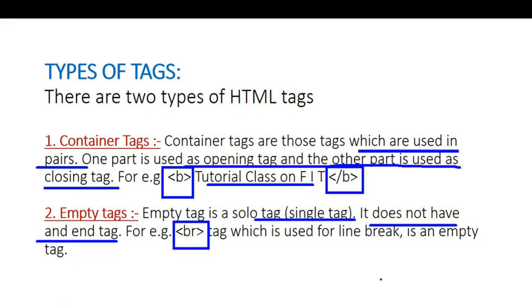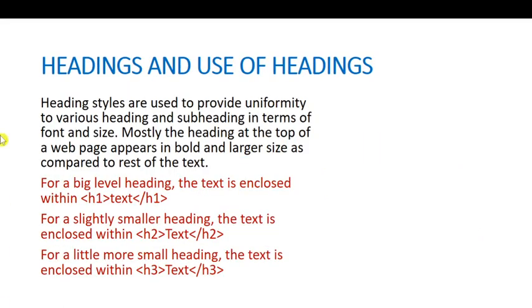So I hope it's clear to you about tags. Now we can see the headings and use of headings. Heading styles are used to provide uniformity to various headings and subheadings in terms of font and size. Mostly the heading at the top of a web page appears in bold and larger than the rest of the text.